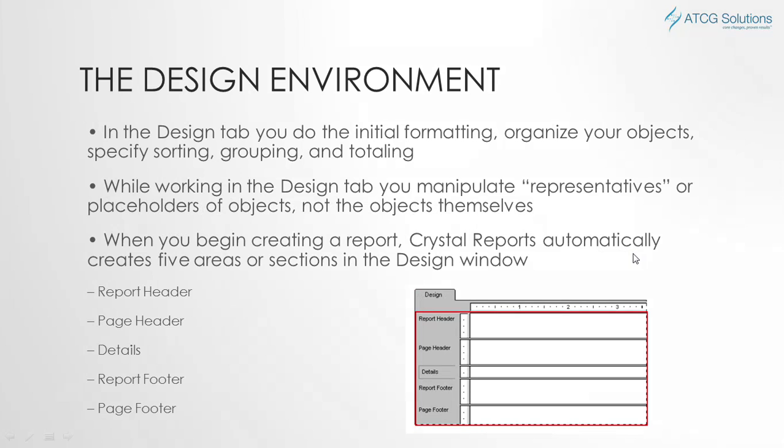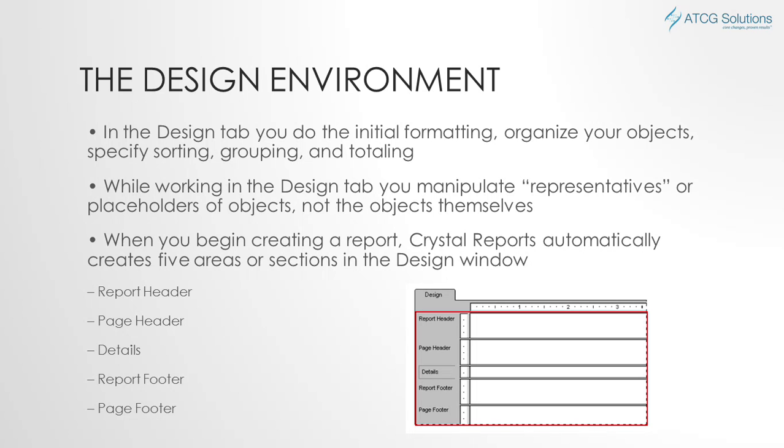In the design tab, you do the initial formatting, organize your objects, specify sorting, grouping, and totaling. While working in the design tab, you manipulate representatives or placeholders of objects, not the objects themselves.